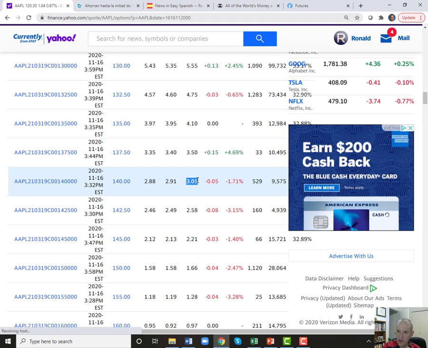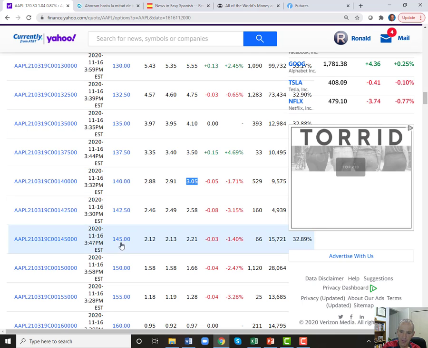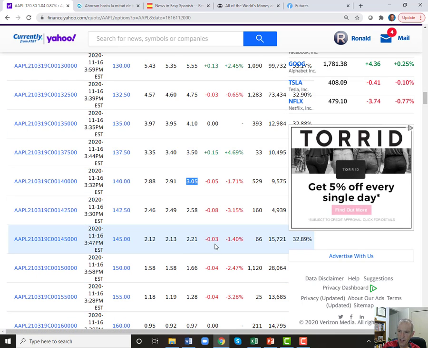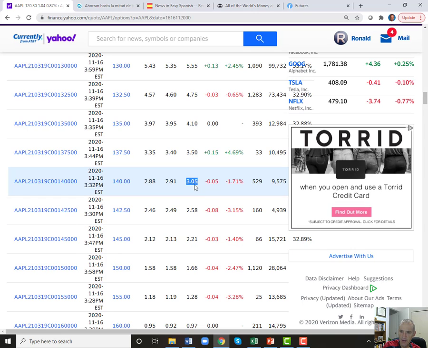If you bought the option, you would have lost $3.05, because if it's trading for 130, you're not going to execute the option and buy for 140. So there you lose 100% of your money. There's a good chance you lose 100% of your money. But if Apple is trading for 150, 160, or whatever, you're going to make a fortune because you paid $3.05 for this option. If the stock's trading for 160, you get to buy it for 140, sell it for 160, you made $20, a huge gain.